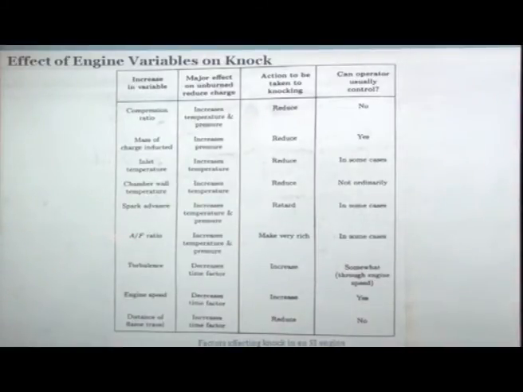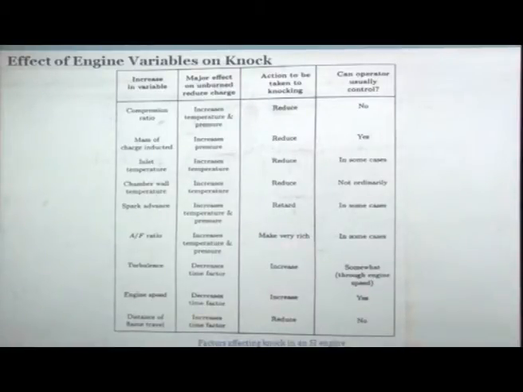Once you are putting more air for the same quantity of fuel, the intake air density will increase, then at the end of the compression you will have higher temperature and pressure, and therefore more tendency to knock. This also gave you the answer to the question that you asked, where I said a lean charge will have more tendency to knock because of this reason.